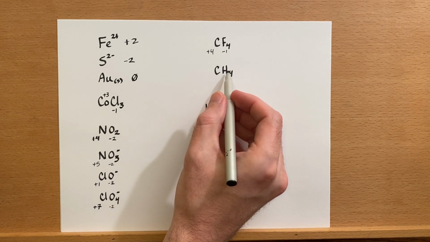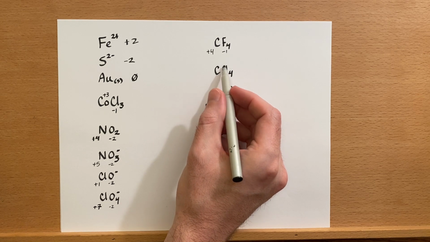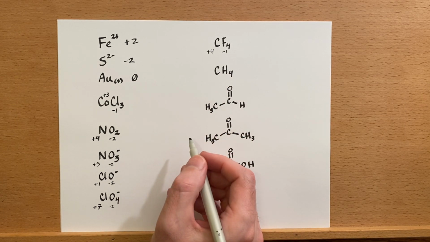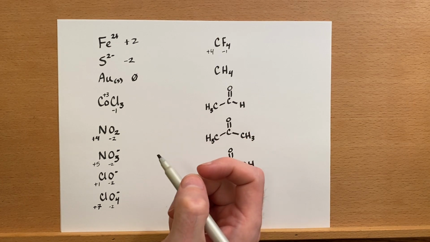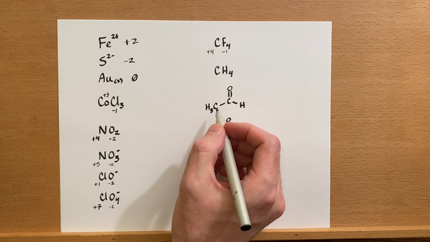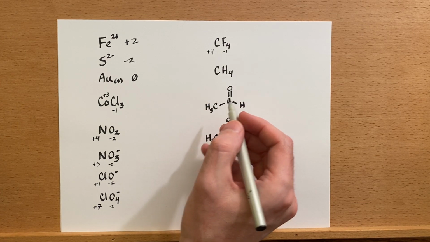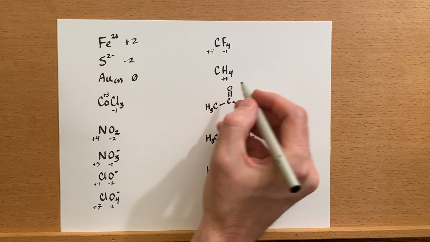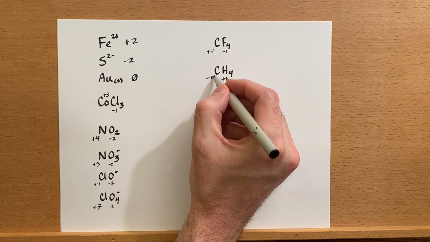Now, if we come down to here, we use our idea that hydrogen is +1, and indeed in carbon compounds it is, because the hydrogen is a little bit less electronegative than carbon. I believe carbon's 2.5 and hydrogen's like 2.2. So we assign this +1, and since there's 4 of them, now carbon's -4.